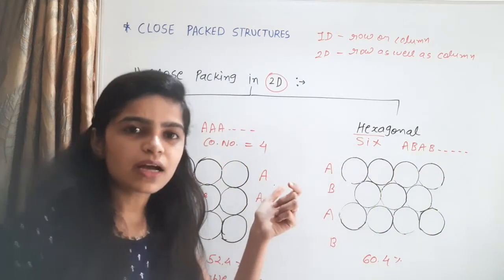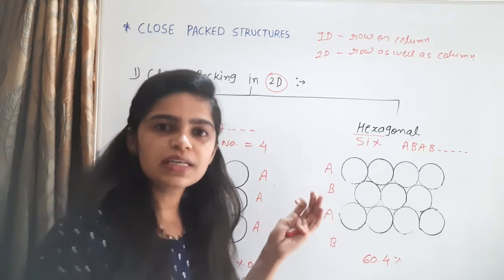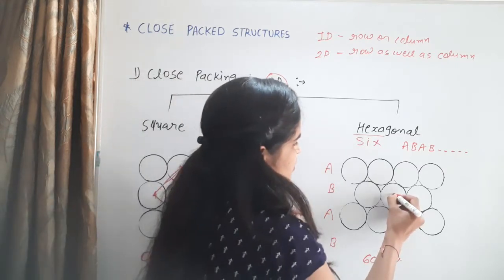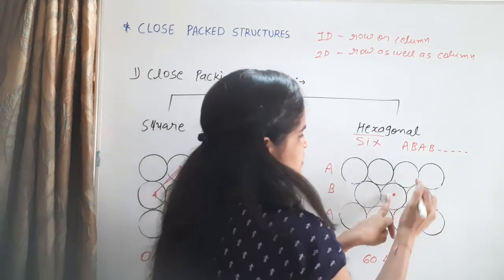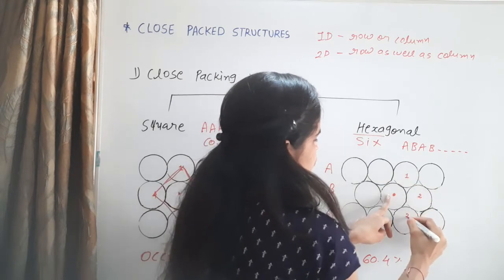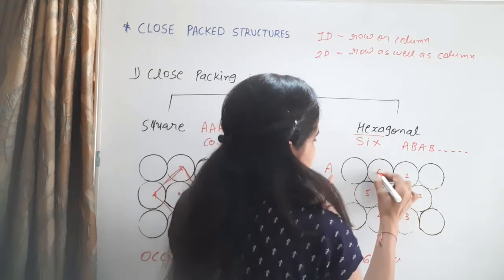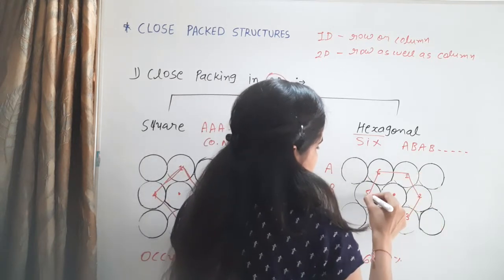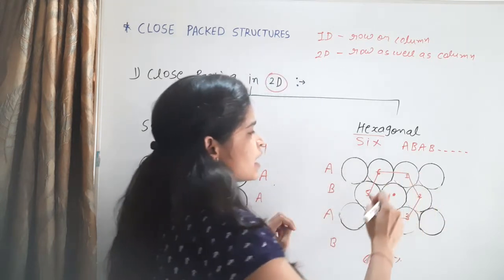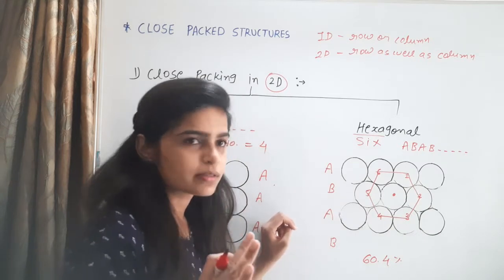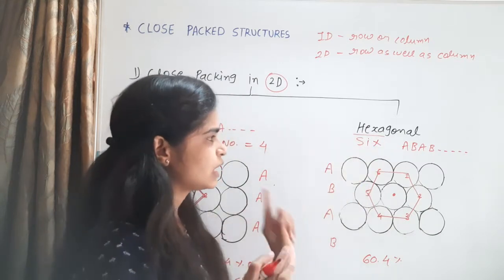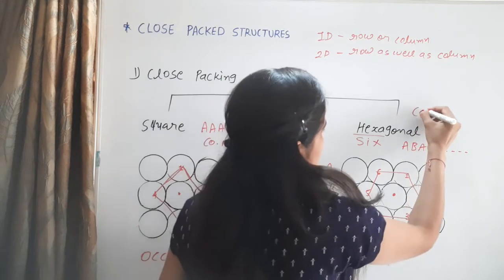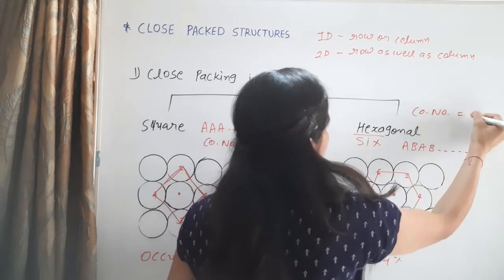Why is this hexagonal? Because of the nearest neighbor atoms. For example, consider this atom. Its nearest neighbor atoms are 1, 2, 3, 4, 5 and 6. This shape is hexagonal. Hexa means 6, so it is known as hexagonal and its coordination number is also 6.